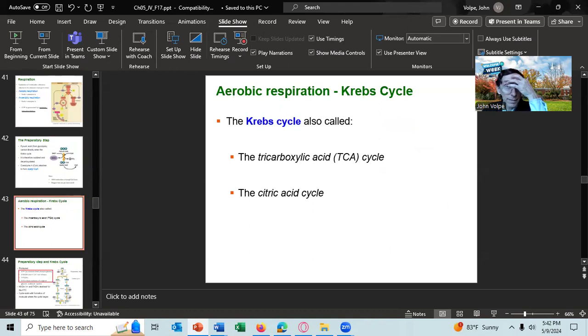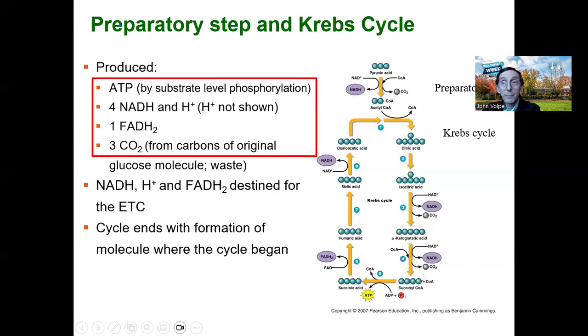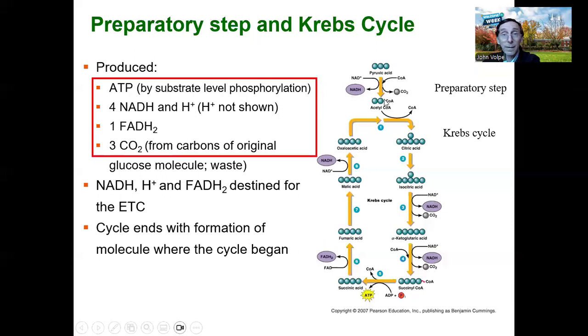The Krebs cycle is the next step. The Krebs cycle is also called the tricarboxylic acid cycle or the citric acid cycle, and both of these are abbreviated TCA. Obviously, that one's abbreviated Krebs cycle. In the preparatory step and the Krebs cycle shown here, let me blow this up to make it a little bigger. The preparatory step right here, generating NADH.